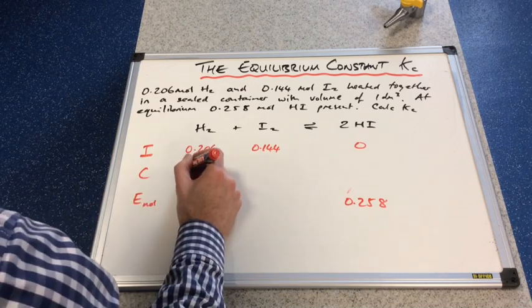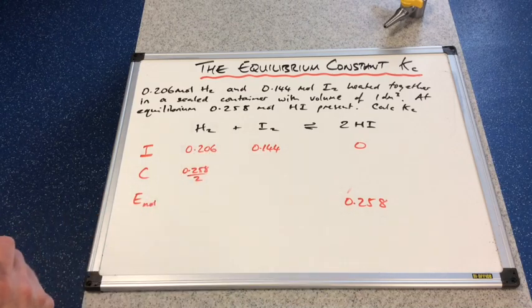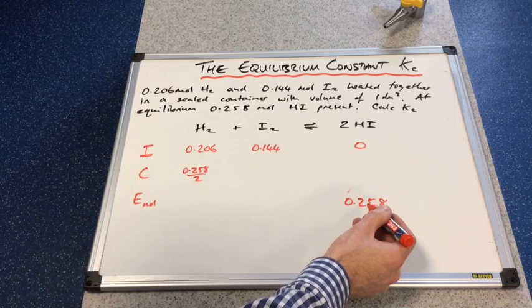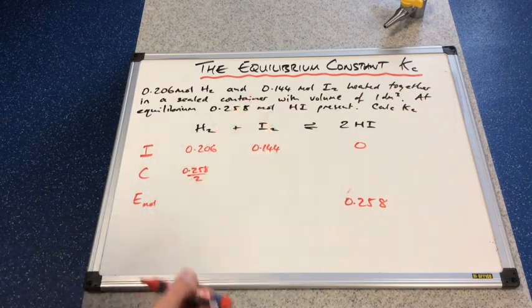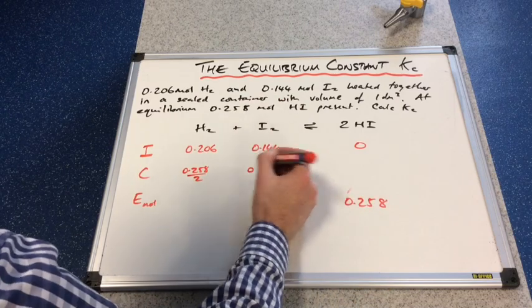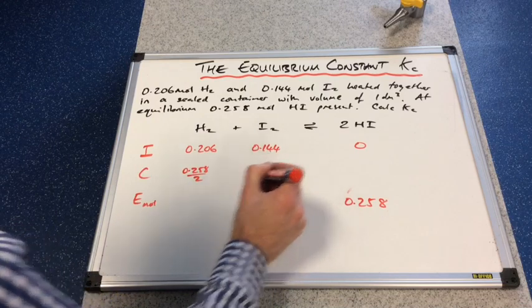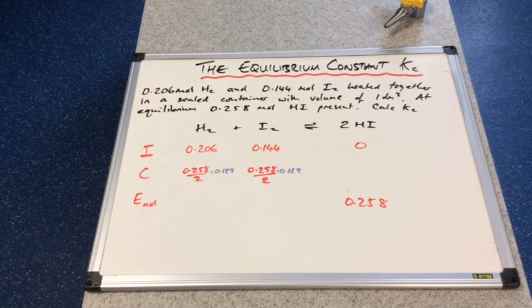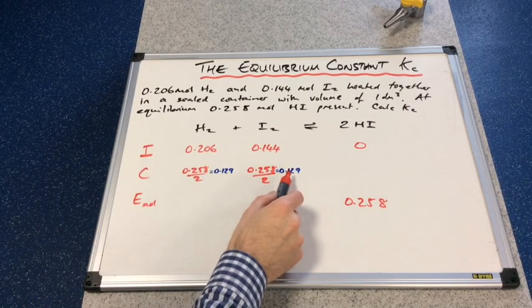So this is going to be 0.258 divided by 2. And again, to make 2 moles of HI, 1 mole of I2 is needed. So to make 0.258, we're going to lose this many. So those values you can see are coming out at 0.129 each.